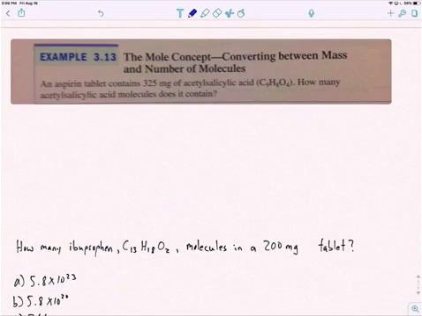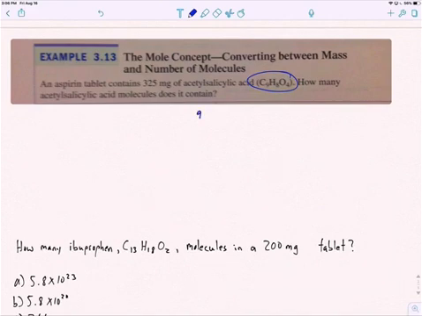So what about acetylsalicylic acid? That's aspirin. An aspirin tablet has other stuff in it, like binder and starch. But if you have a 325 milligram tablet of aspirin, how many acetylsalicylic acid molecules is this? First thing, calculate the molecular weight.